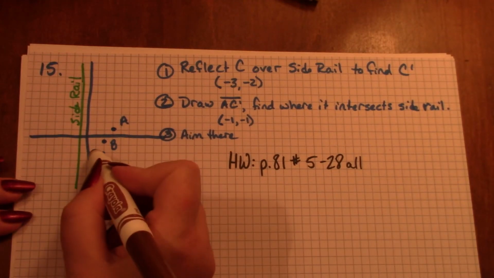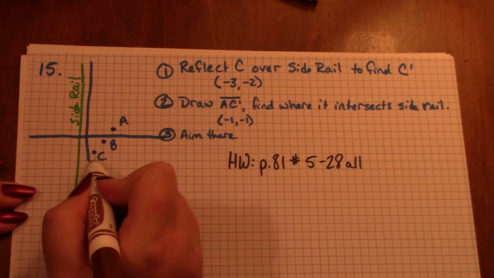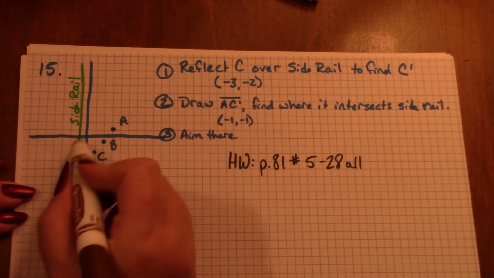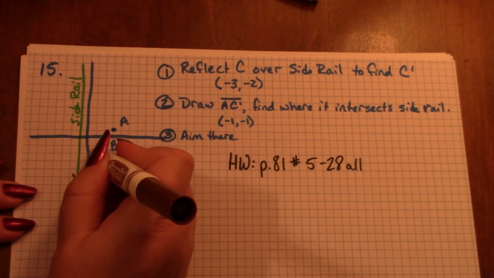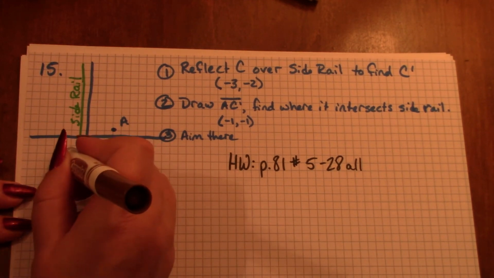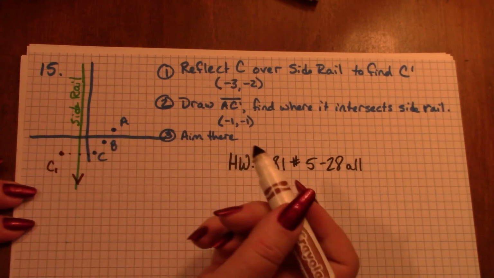So with 15, we're going to reflect point C over the side rail line that is our reflection line. So we went in 1, 2, we're going to come out 1, 2. This is C prime.